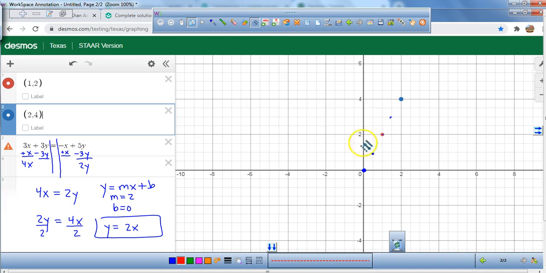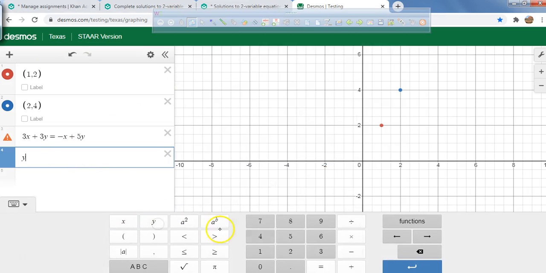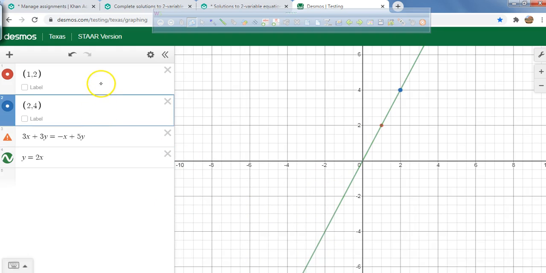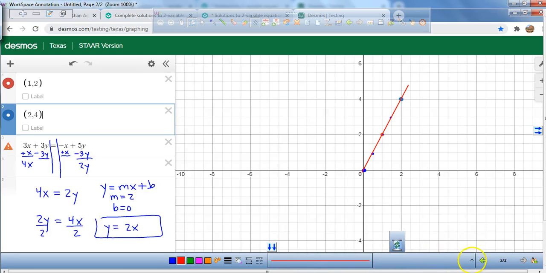Just by doing this, I can see that these points would definitely go on that line. We simplified it to y equals 2x, and you can clearly see that these two points, that point and that point, are on the line. Now, you don't have to do that for this equation.